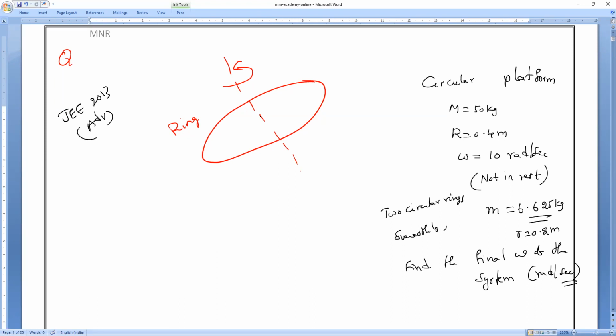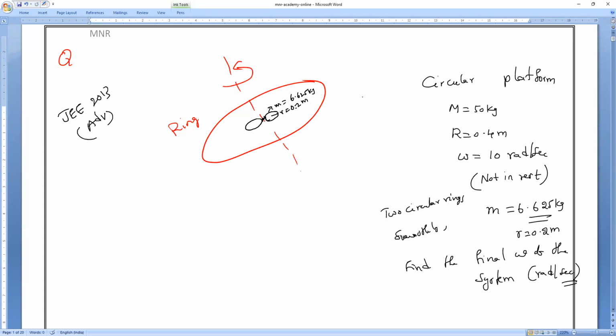Okay. So now they have been placed at the center of mass smoothly. Smoothly means they are not having any friction. So two circular rings have been placed. Whose mass is how much, guys, each one? Radius is equal to 0.2 meters. And what is the mass of each one? 6.25 kg.